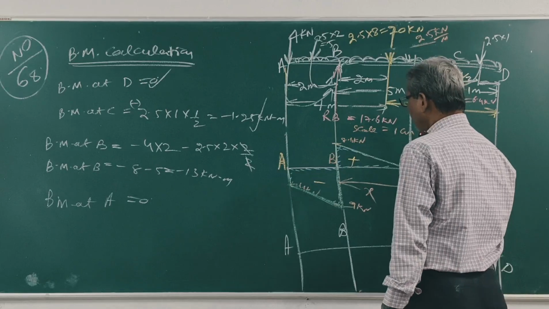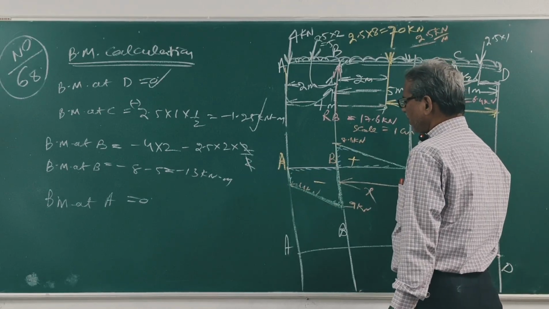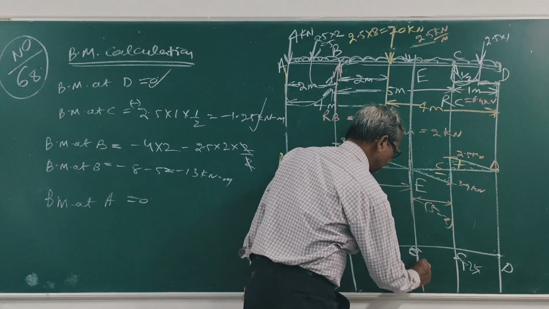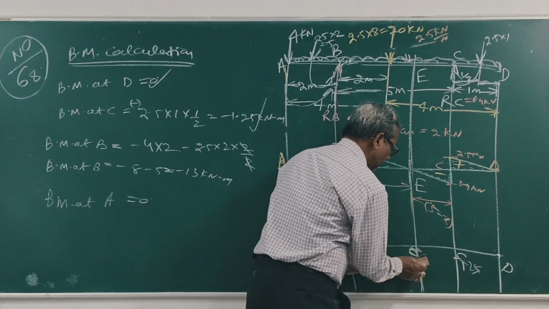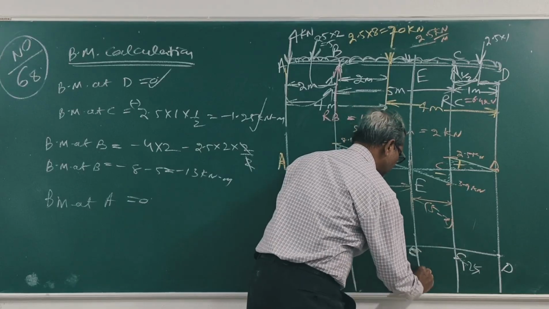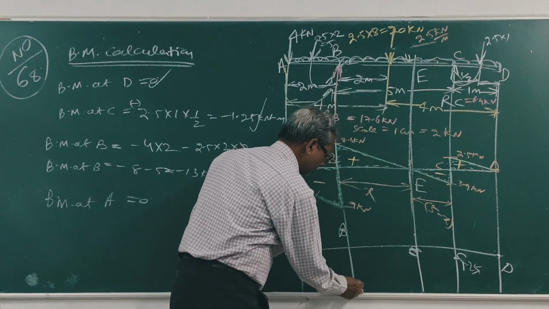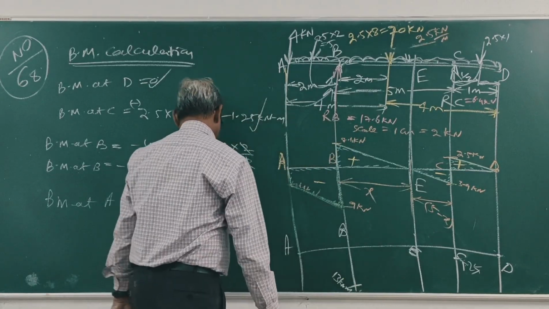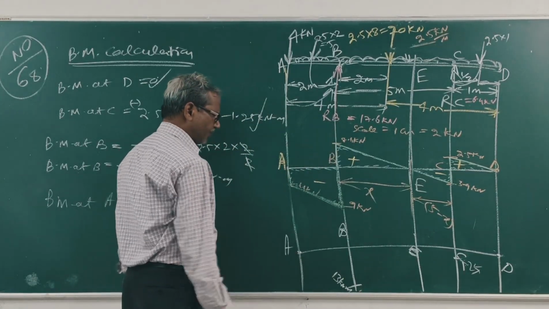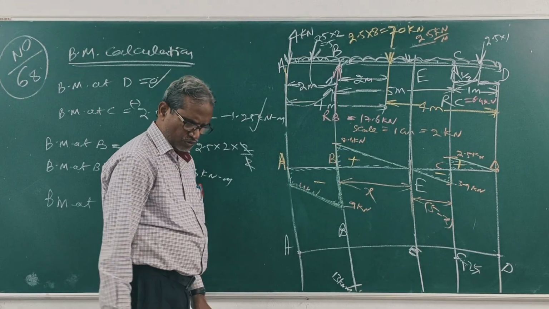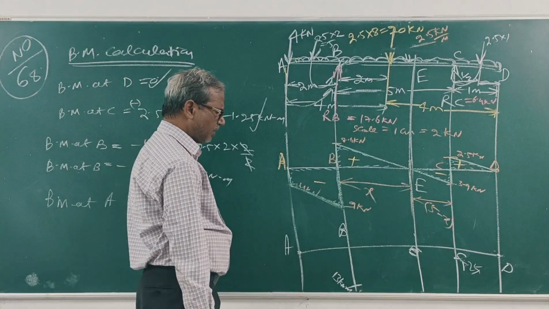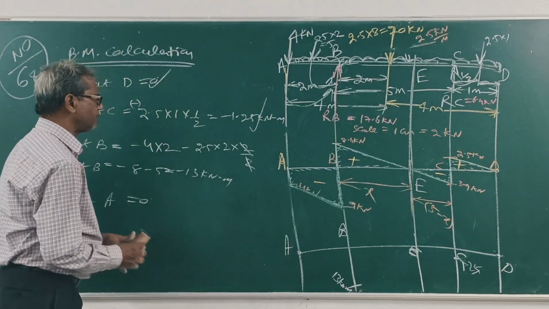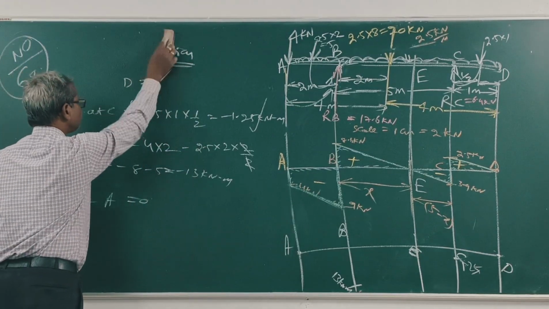At B, minus 13 kilonewton meter. At A it is 0. Clear? We find out the value of x, that is the position of E, means the value of x.